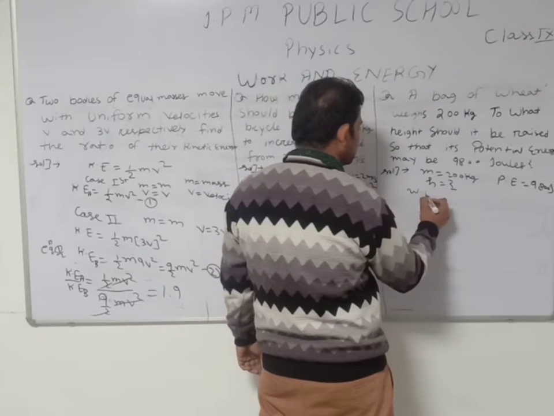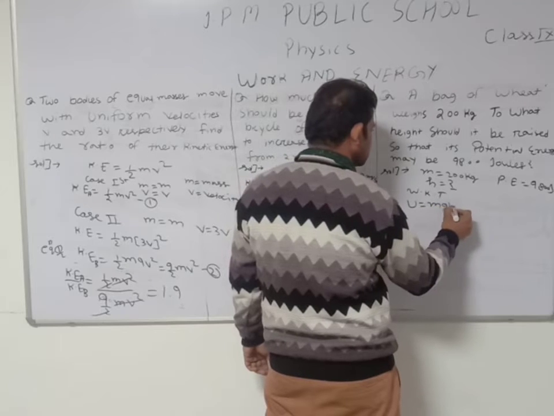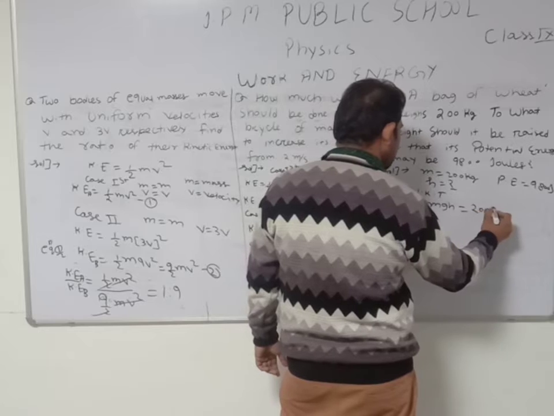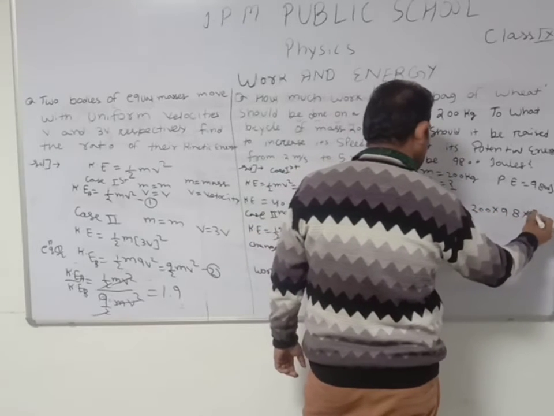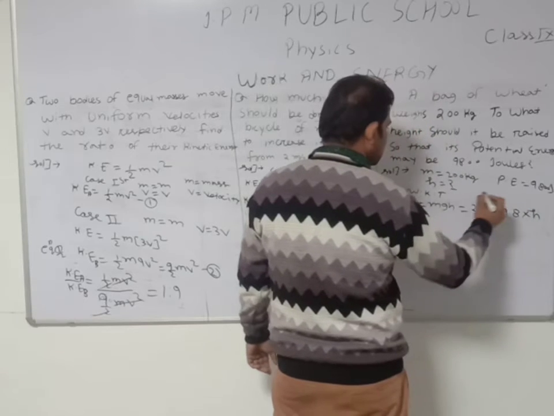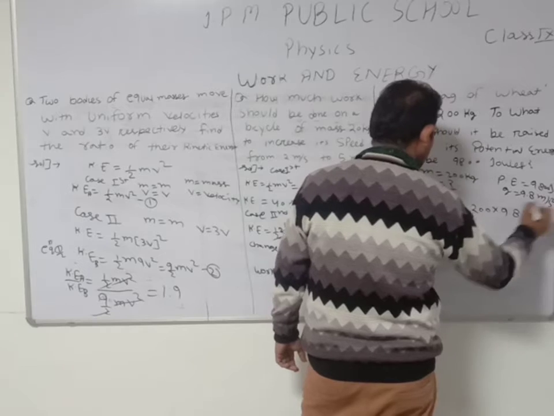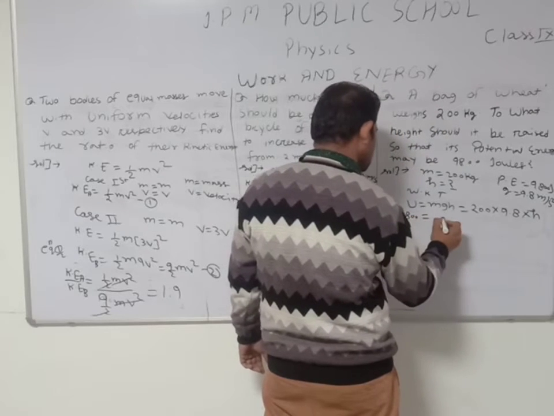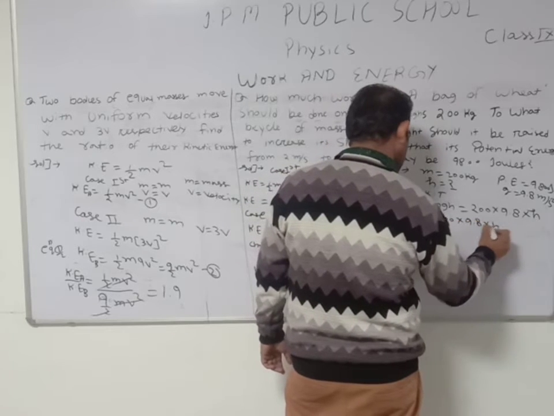You know the student formula U equals mgh. The value of m is 200, the value of g is 9.8 meter per second squared, and the value of h is h. The value of U is 9800, so 9800 equals 200 into 9.8 into h.